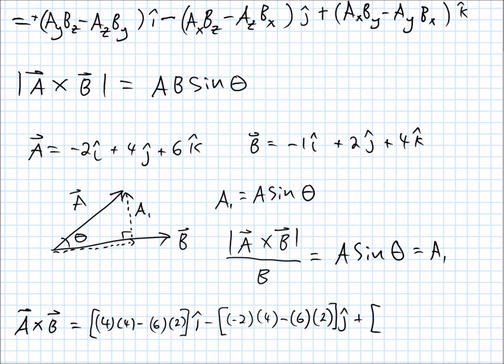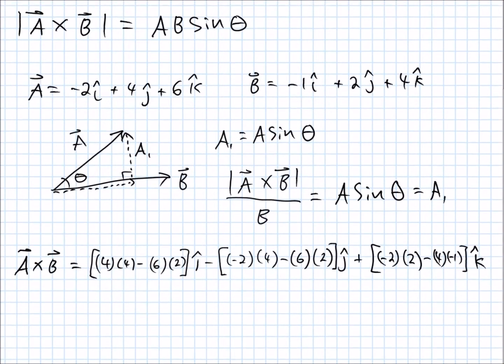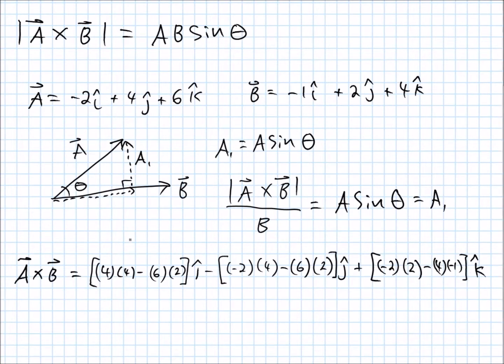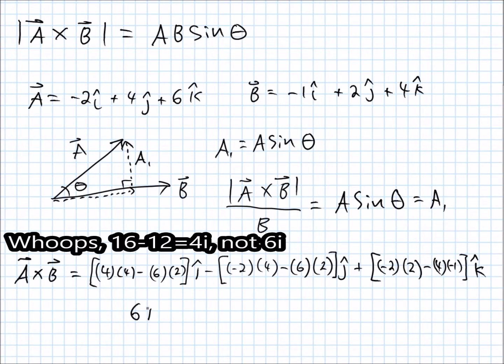Plus AX is negative 2. BY is 2. Minus AY, which is 4, times BX, which is negative 1. And that gives me my K component. So calculating this, we've got 4 times 4 is 16, minus 12 is 6i.